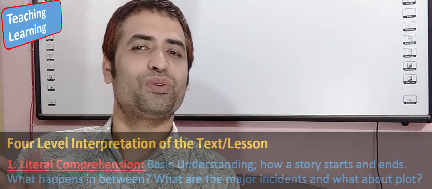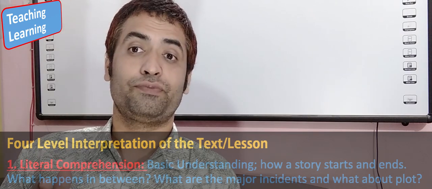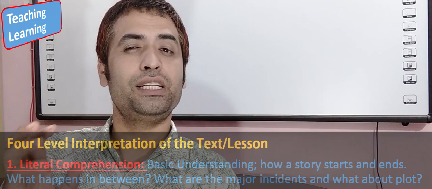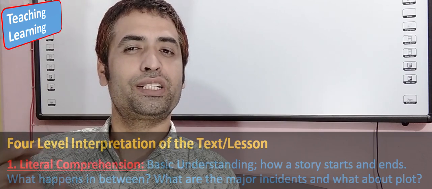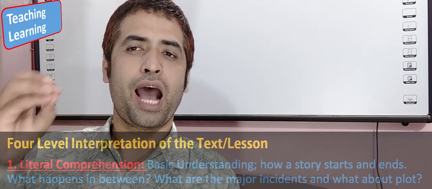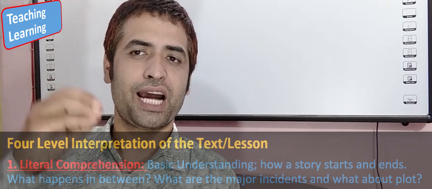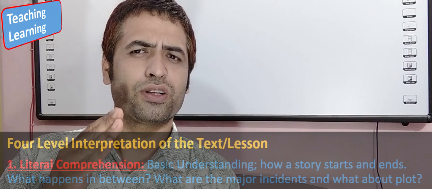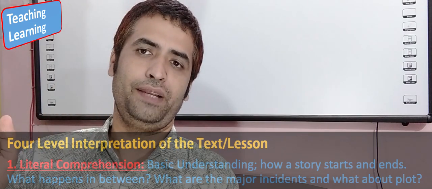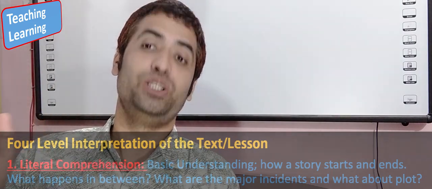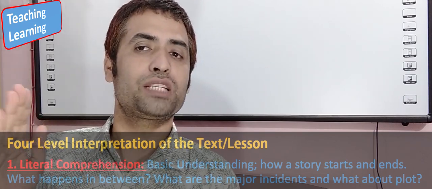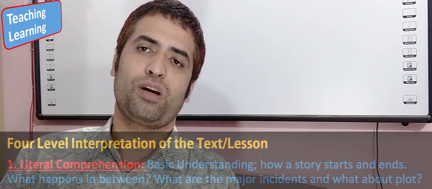Or let me summarize in a nutshell. In literal comprehension, we understand the text literally. Simply we know the plot, how the story or essay starts, what happens after that, maybe some major incidents only, and how it ends. That's the main focus area of literal comprehension.